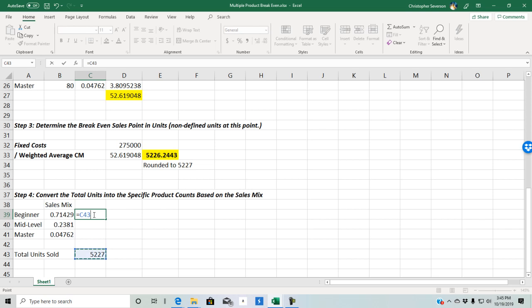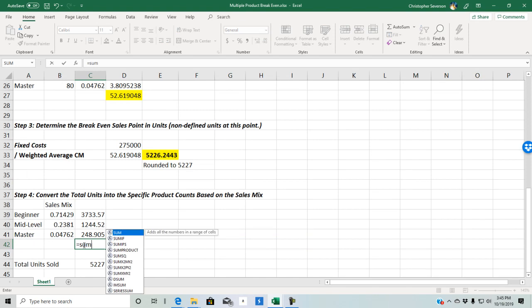So we're going to take 5,227 multiplied by the 71.429%, 5,227 multiplied by the 23.81%, and then that same number multiplied by 4.76%.